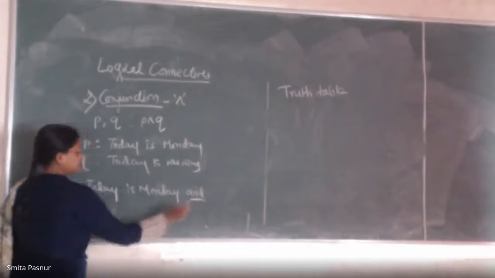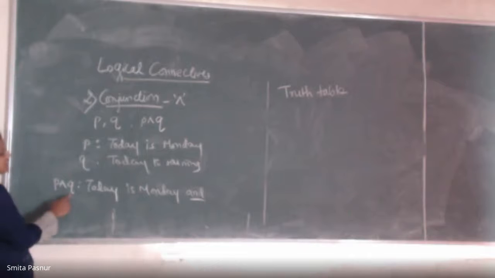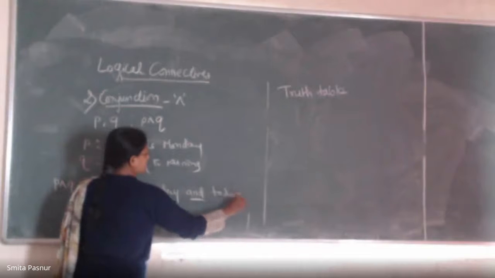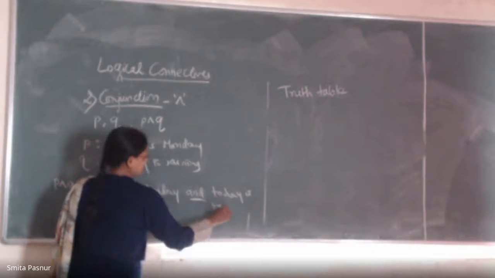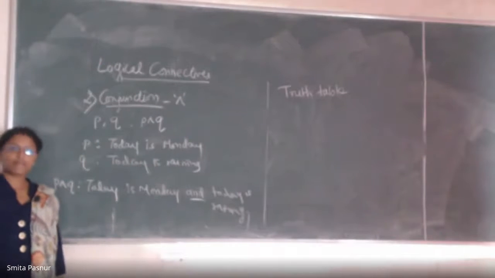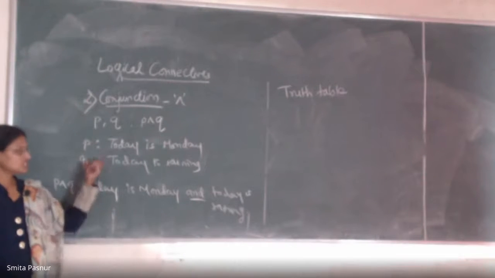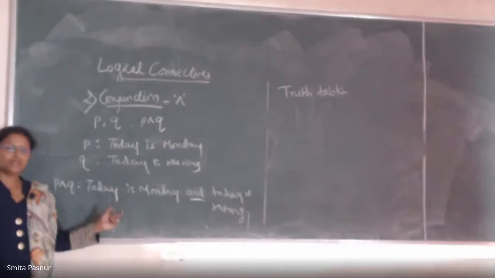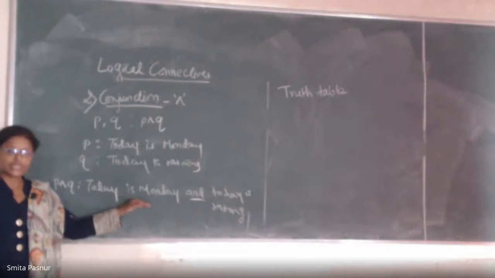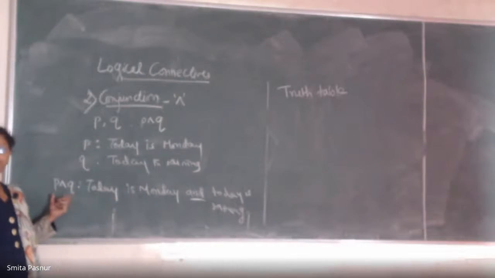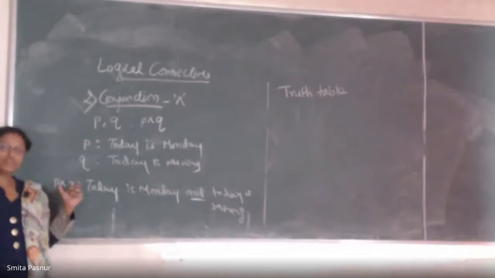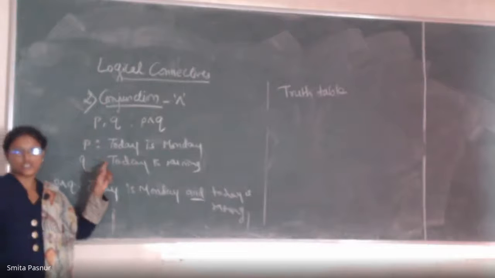You write the and. Got it? And you write the Q. What is Q? Today is raining. So just add this statement. Today is raining. Got this everybody? What we have done? We have just joined the two statements by using the AND operator here, AND word here. So this is the statement we have combined and this is the symbolic form which we have combined. Is that clear all of you? So now we will see the truth table for this conjunction.